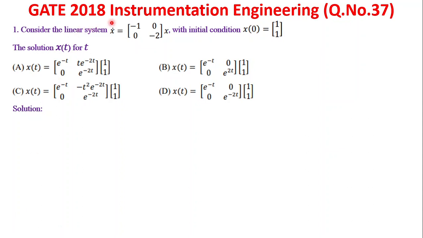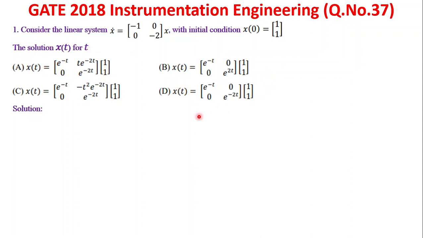So the first question has appeared in GATE 2018 Instrumentation Engineering, question number 37. Consider the linear system x dot equal to, so matrix is given, into x with the initial condition x of 0 equal to 1, 1. The solution x of t for t. They have given four options.